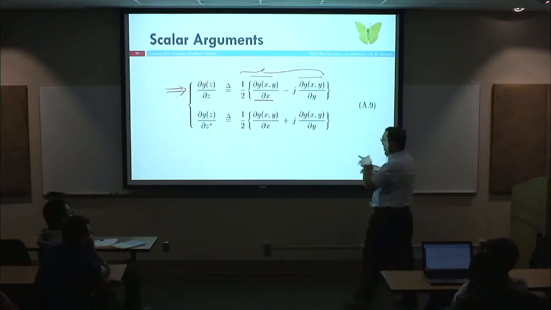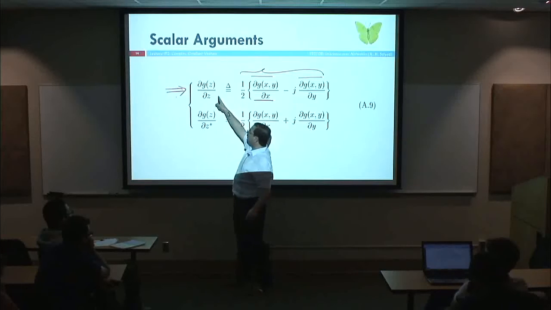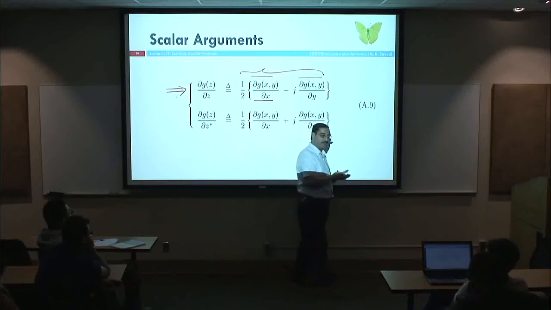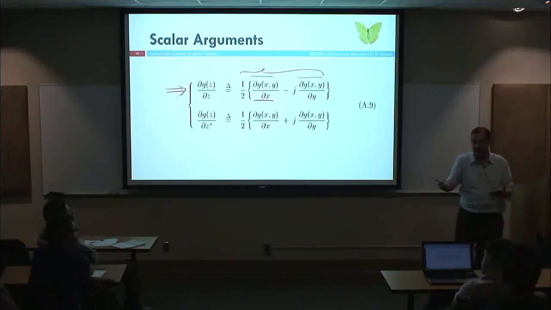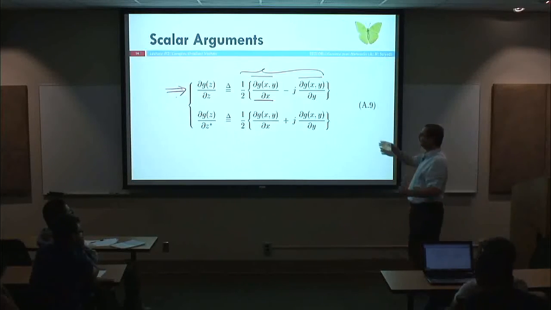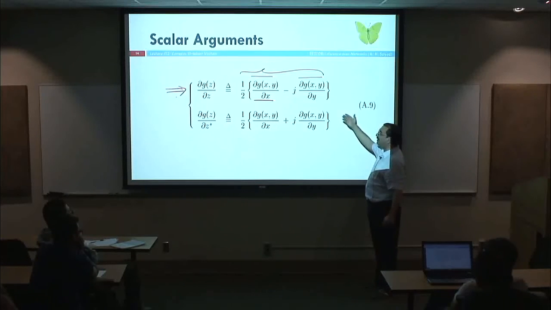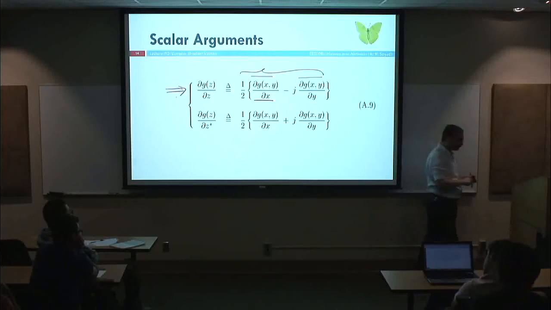Now, I can define the derivative relative to z like this, and I can also define the partial derivative relative to z star, which is x minus jy. You can repeat the same arguments, and you get this expression. Now, why are these expressions useful?